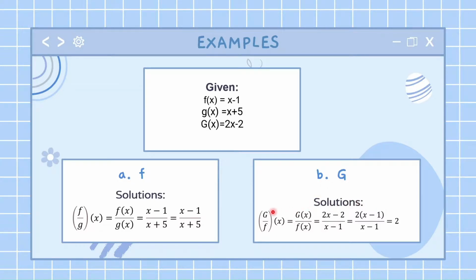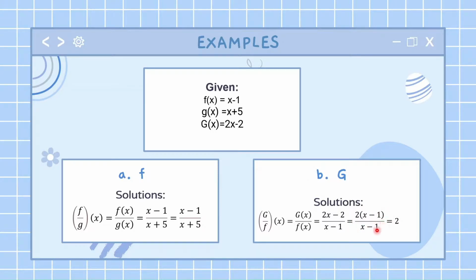Here we have the solution. Big G over f of x is equal to big G of x over f of x. We have here substituted. So big G of x is equal to 2x minus 2 over f of x is x minus 1. Substitute that. Then what will we do next, you might ask? Well, we can factor the numerator out. So we can factor it, it would become 2 times x minus 1.